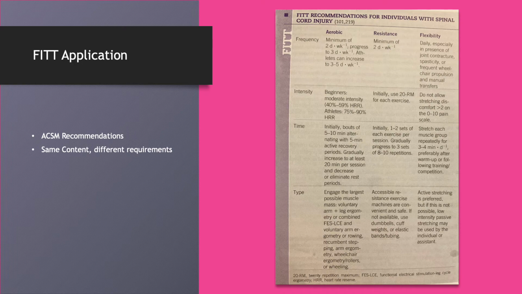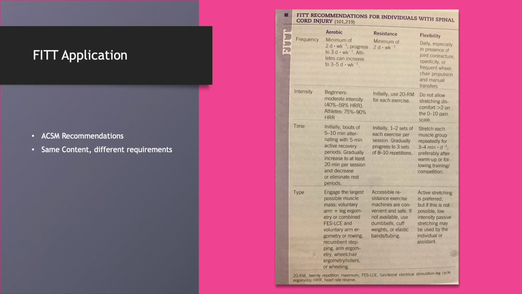Looking at the intensity, time, and type, with beginners we have them down as low as 40% to 59% of their heart rate reserve. That's what we're looking for. And with their resistance training, they're using low weight, high reps. That's what the study that showed circuit training was the most effective way to capture an increase in aerobic and muscular strength used.